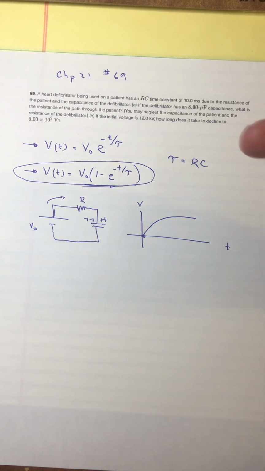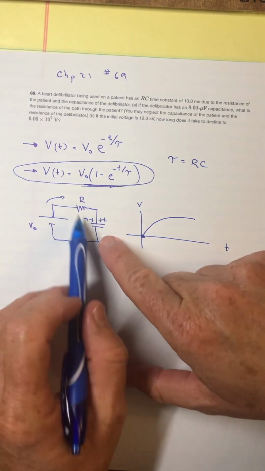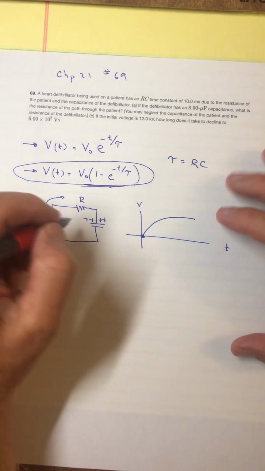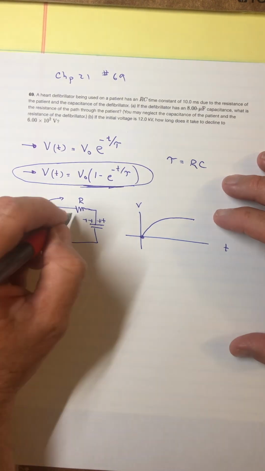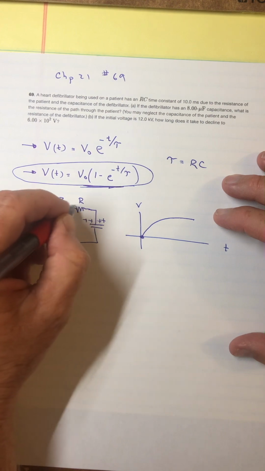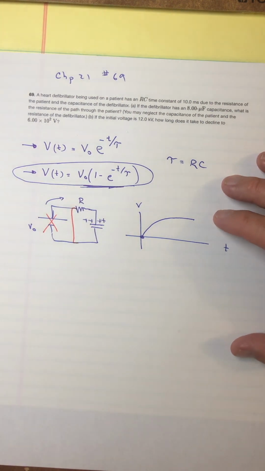Now, when something is being discharged, let's say I left this for a while and it charged up, then what I might do is disconnect the battery and then just connect the capacitor resistor system back to itself, and now it would begin to discharge.